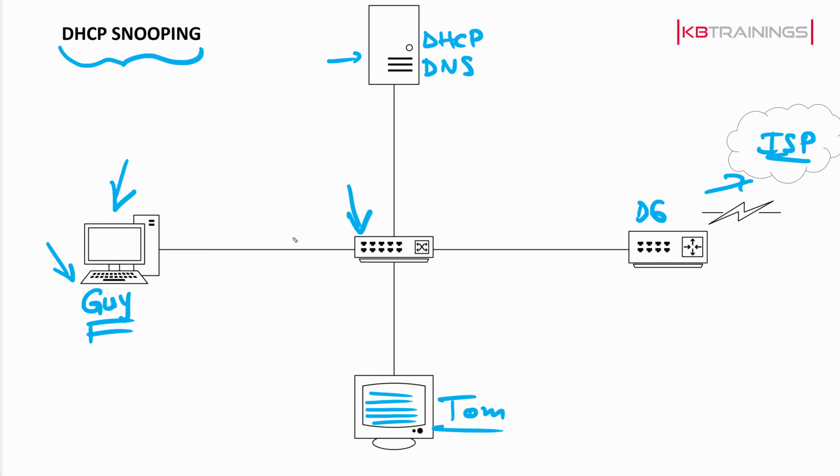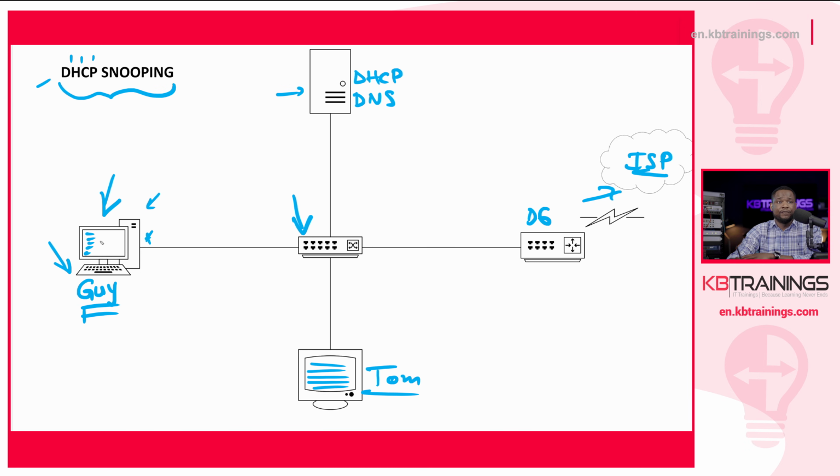In reality, it was just business as usual. Guy connects to the network. He needs an IP address, and that's where we use this protocol, Dynamic Host Configuration Protocol, DHCP. It's meant to give us an IP address automatically without manually configuring it, which would take a lot of time if you are in a huge network with thousands of endpoints, where you'd have to go one by one.